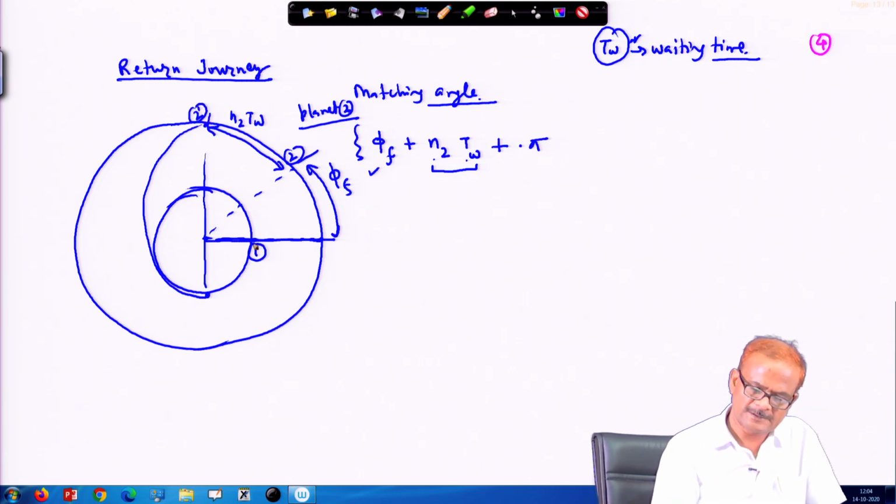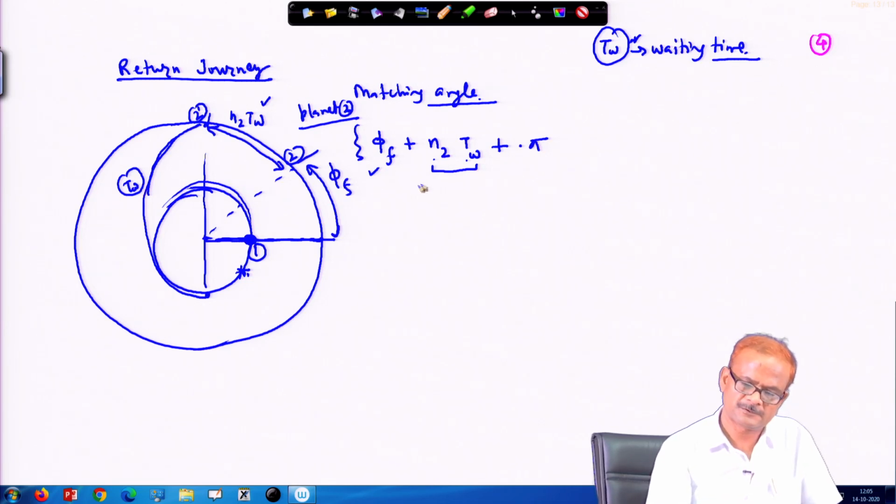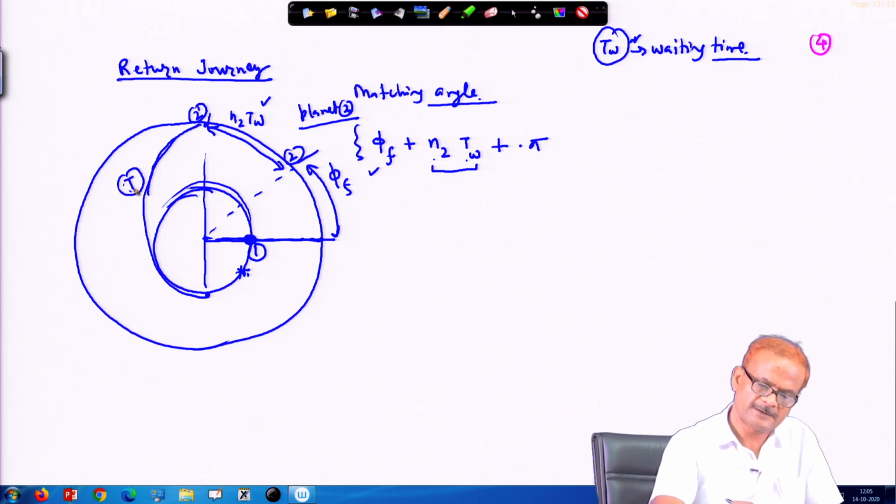So, during this time your 1 is here, and 1 during this wait time it will travel to say somewhere, it travels maybe because it is faster. So, it may travel to this place, it may go all the way from here and it can come to this place, and then again in this time which is corresponding to here T w, sorry, this is the flight time t, and which is corresponding to angle phi.